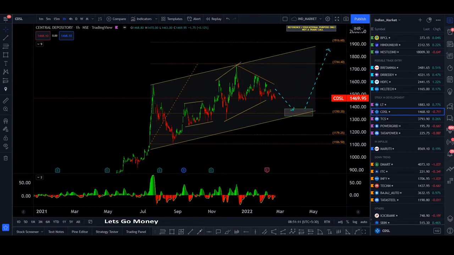Or there's another possibility: if this is taken as a pattern here, we were expecting two ways, one to go here and come back before it goes, but the way it develops, it looks like it is going to come to the retracement before it moves up.